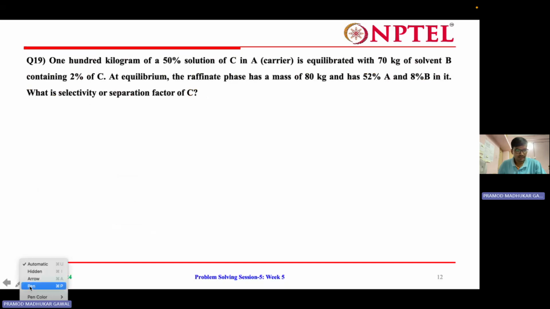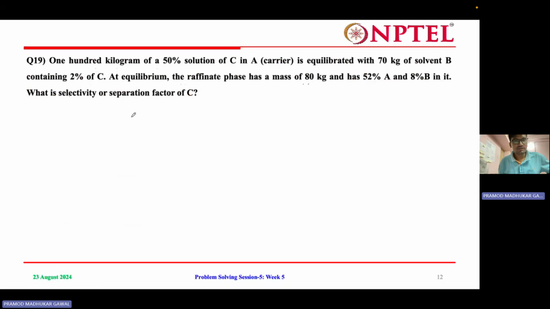Moving to question number 19. This is a numerical. The statement: 100 kg of a 50% solution of C in a carrier is equilibrated with 70 kg of solvent B containing 2% of C. At equilibrium, the raffinate phase has a mass of 80 kg and has 52% of A and 8% of B in it.